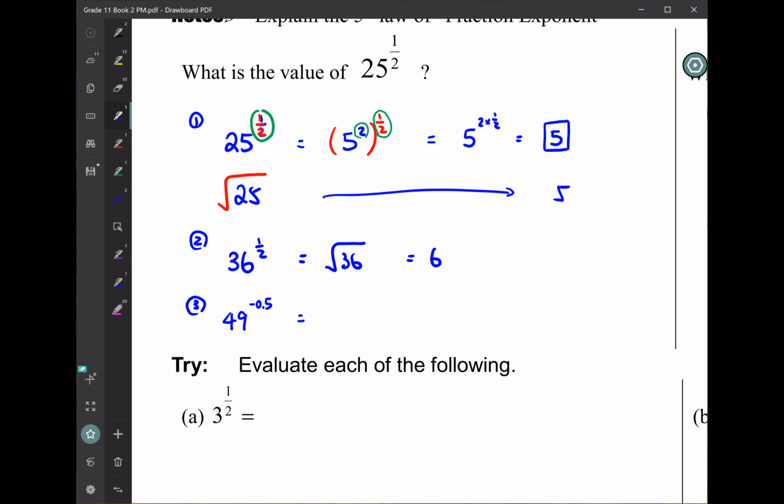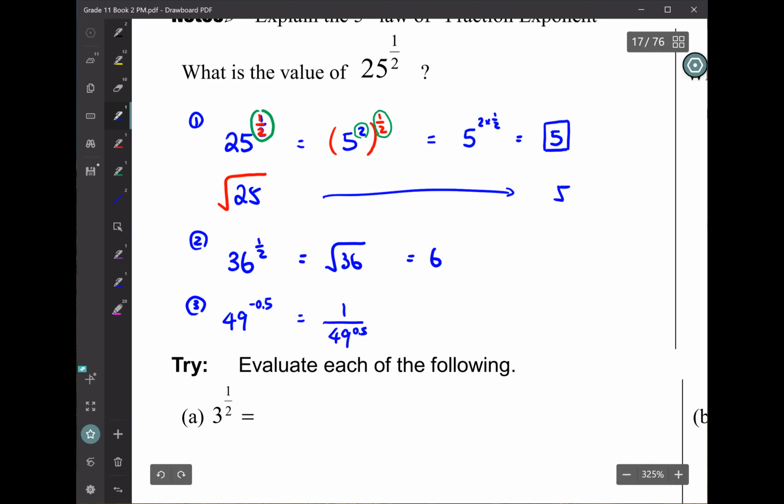How do we begin? Square root of 49. Close, but there's a negative. What do we do? You want to make it positive? Yeah, how do I make a negative exponent become positive? Isn't it like 1 over 49 to the 0.5?